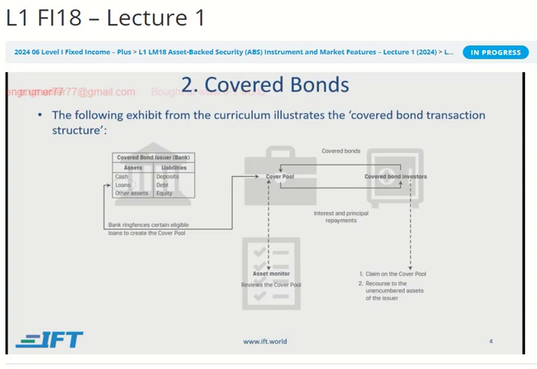Now, from the previous learning module, you probably remember that I told you about the originate-to-distribute model, where the SPV was bankruptcy remote. Because of that, a pool was originated and distributed by the bank to the SPV.